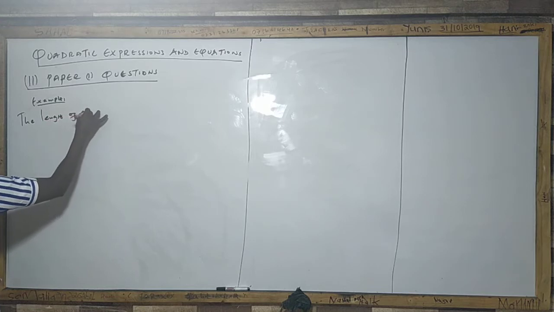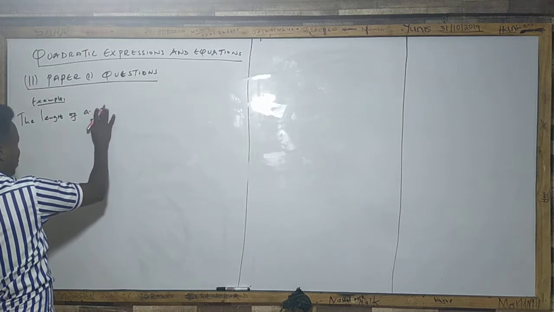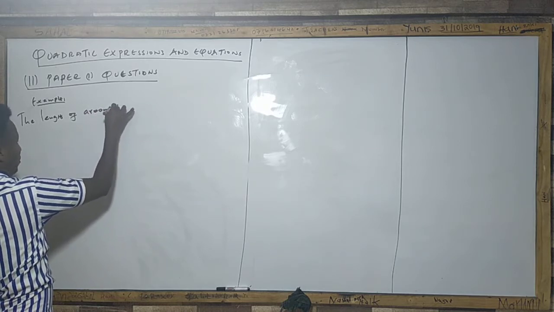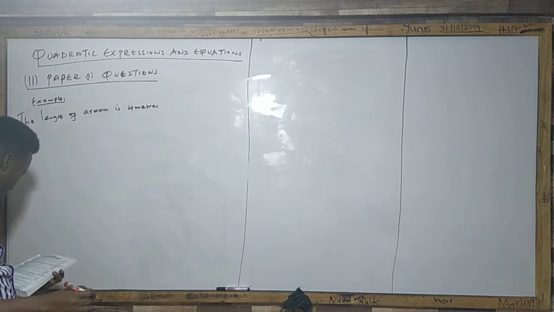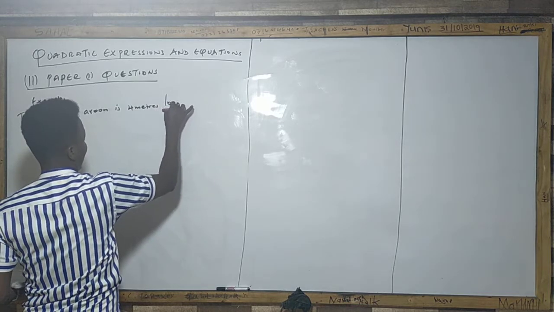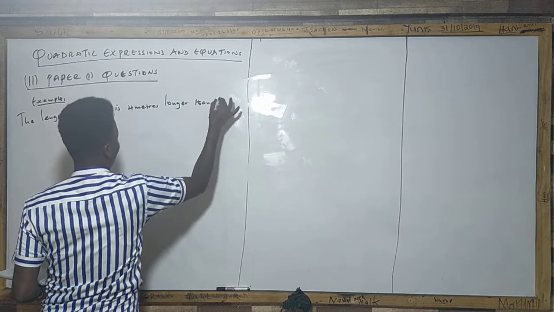You're told the length of a room is 4 meters longer than its width.